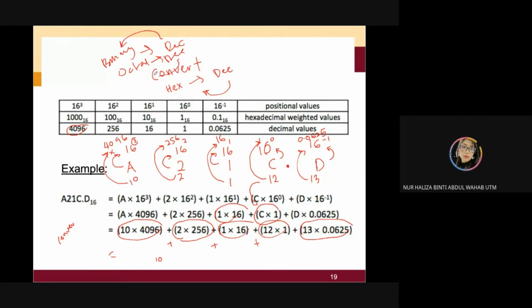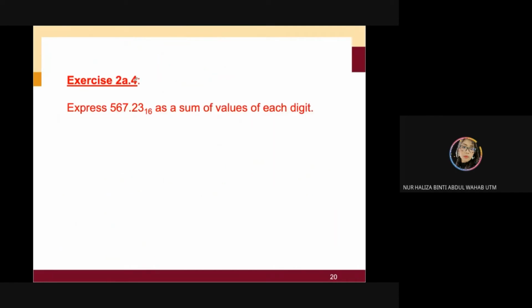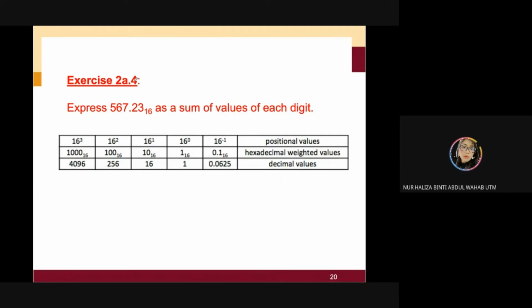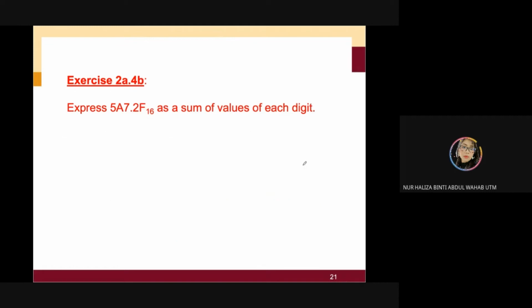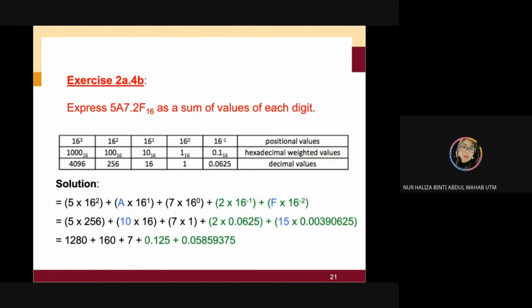You need to also know how to convert when you have decimal to octal. Please try to do this exercise. And if you multiply it, you will get the answer. There is also another example.